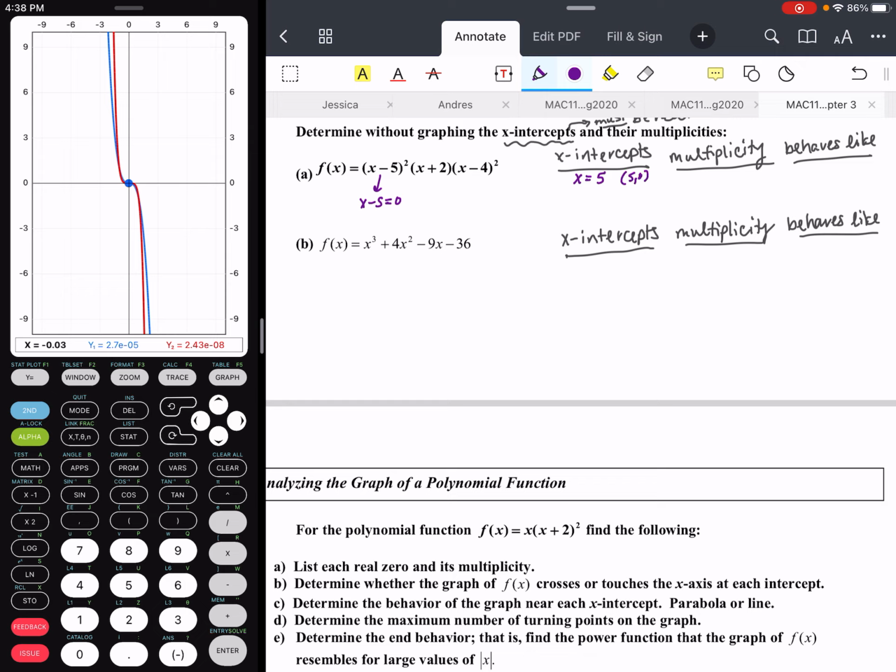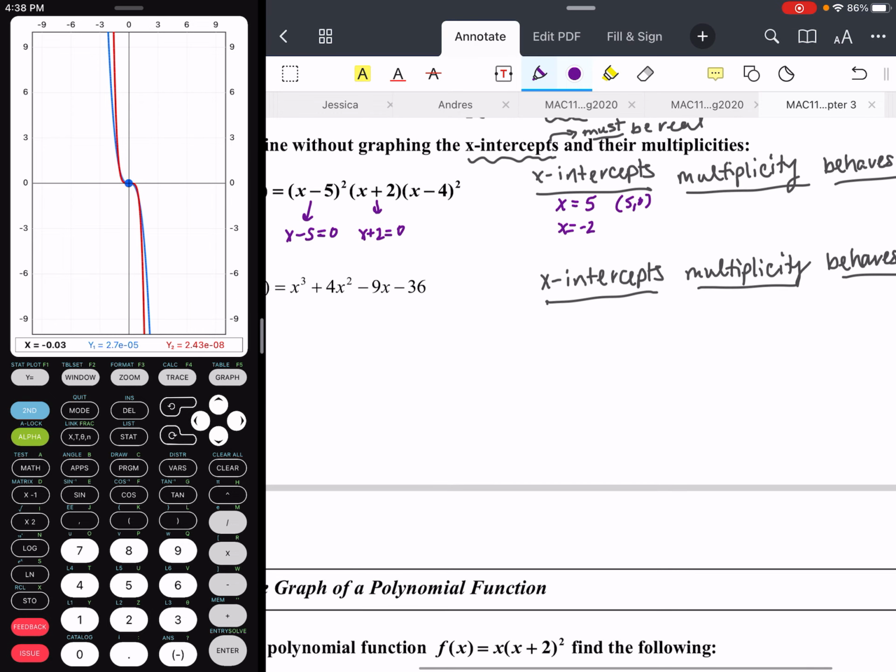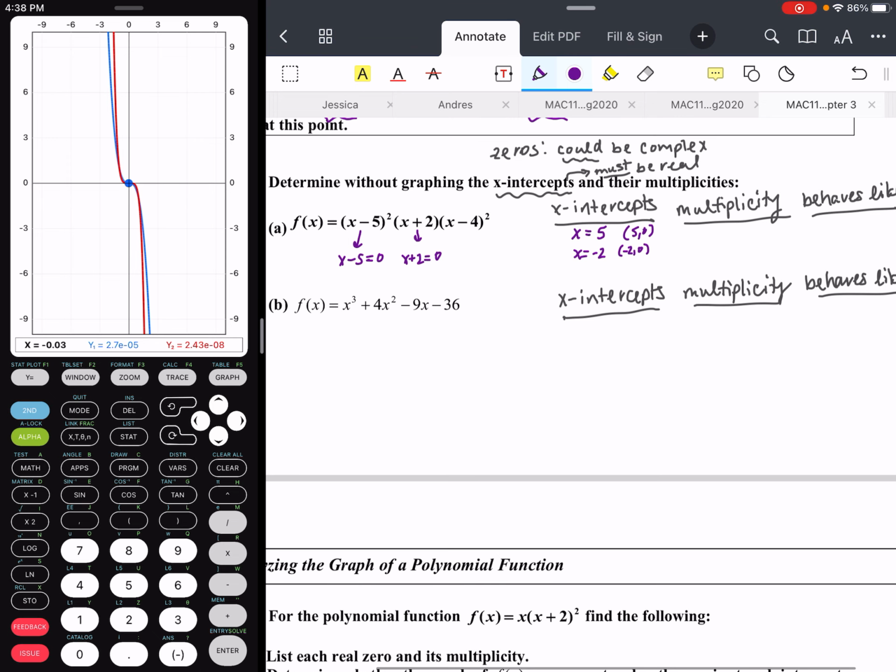That would be the ordered pair x-intercept. If x plus 2 equals 0, then I'm going to get x equals -2, or the ordered pair (-2, 0). And x minus 4, if I set that equal to 0, I'm going to get x equals 4, written as an ordered pair (4, 0).